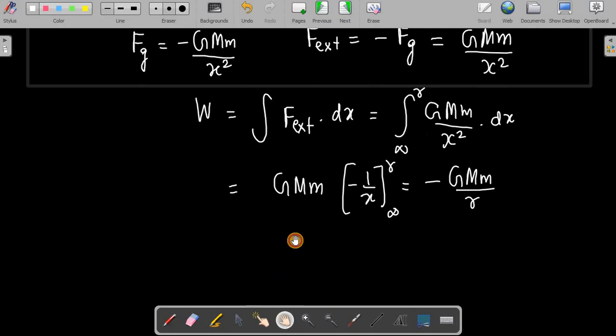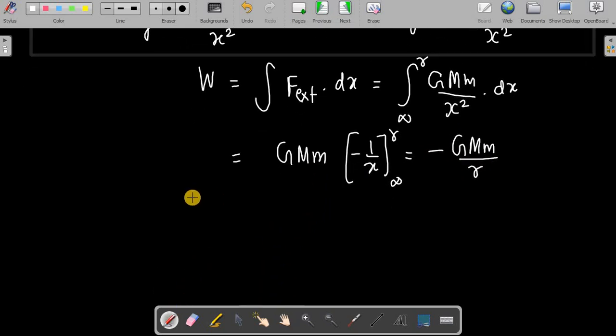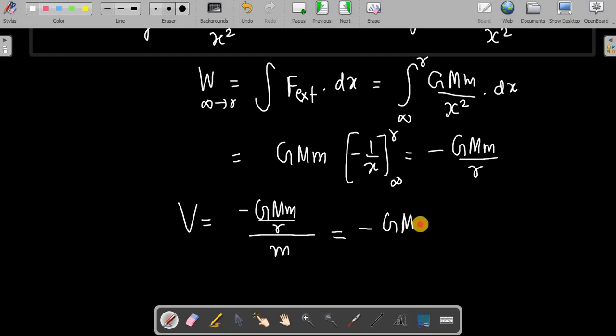So this is the work done from infinity to that point. The potential at that point will be defined as minus GMm by r divided by m. So this is the potential, minus GM by r, since small m is no more there.